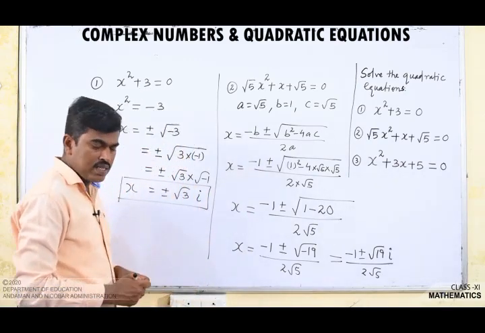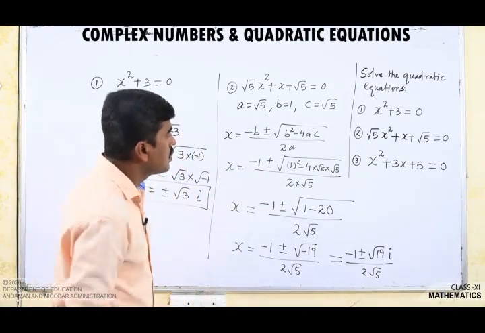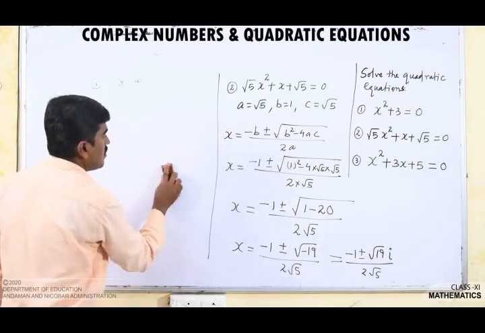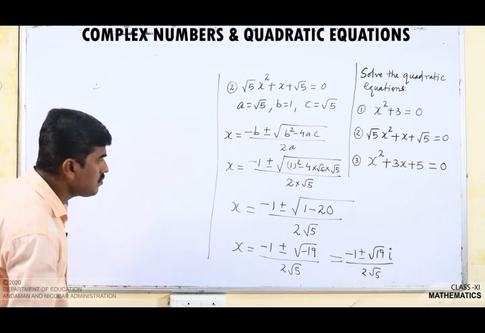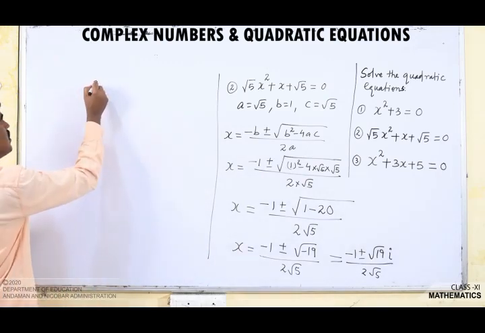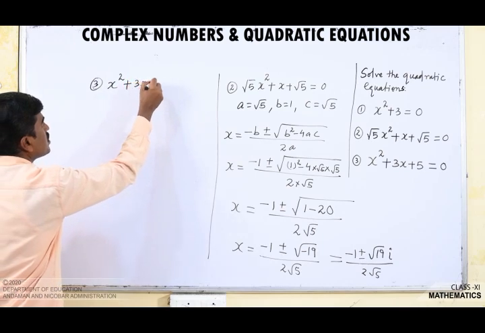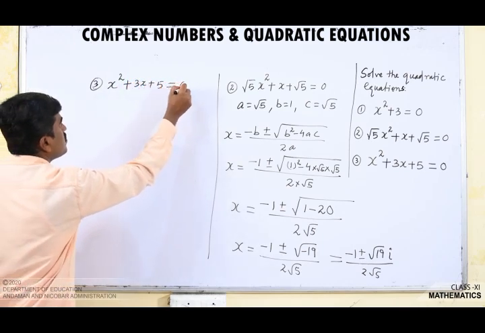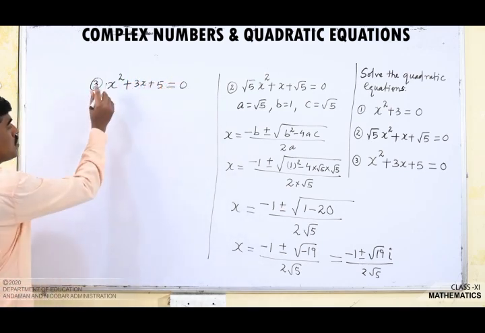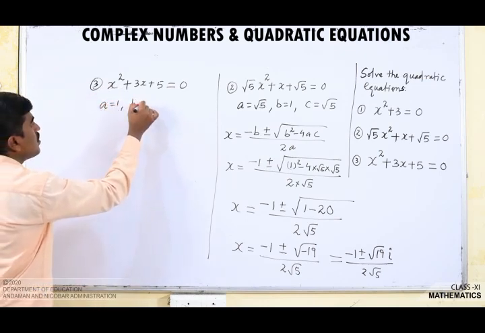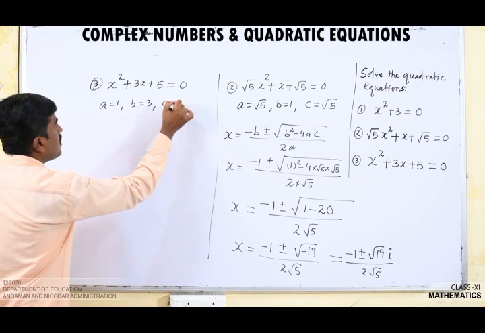Okay. Now let us see the third question, that is x square plus 3x plus 5 equals 0. Compare it with the general equation: a equals 1, b equals 3, c equals 5.